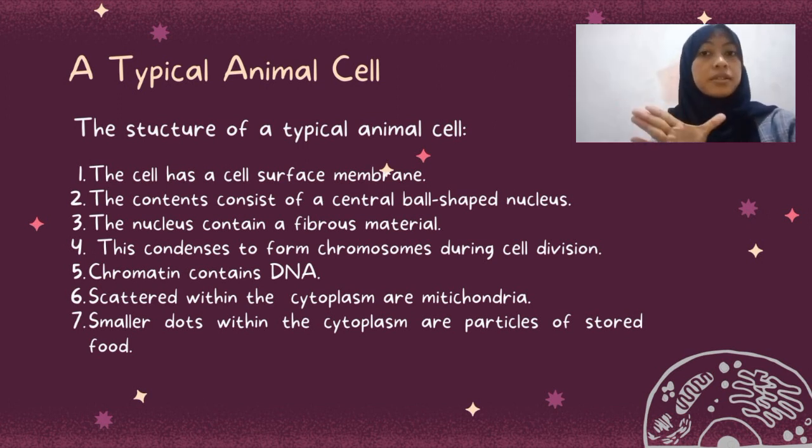Sixth, scattered within the cytoplasm are mitochondria. Mitochondria are described as the powerhouse of a cell because they supply energy. Seventh, the smaller dots within the cytoplasm are particles of stored food.